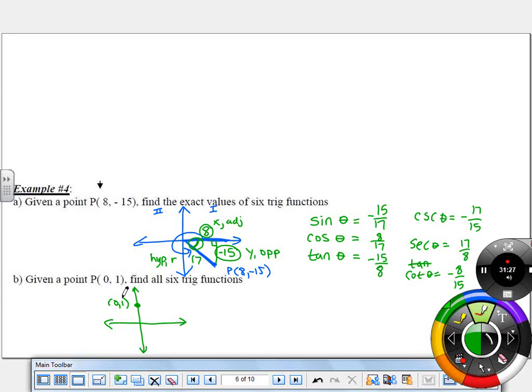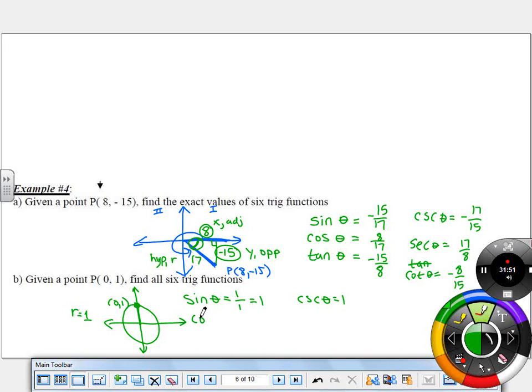If this is your point, then the circle would be like right there. This is the radius of the circle, which means the radius is equal to 1 in this case. Which means the sine is going to equal the y coordinate over the radius, which is just going to be 1. The reciprocal of 1 is still 1, so that's also going to be the cosecant.